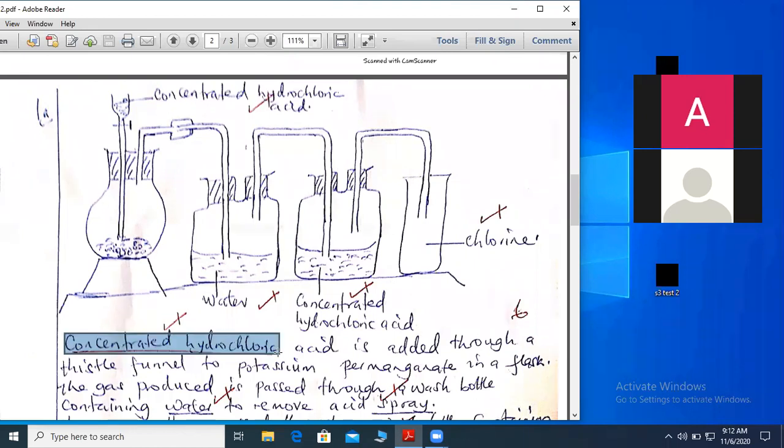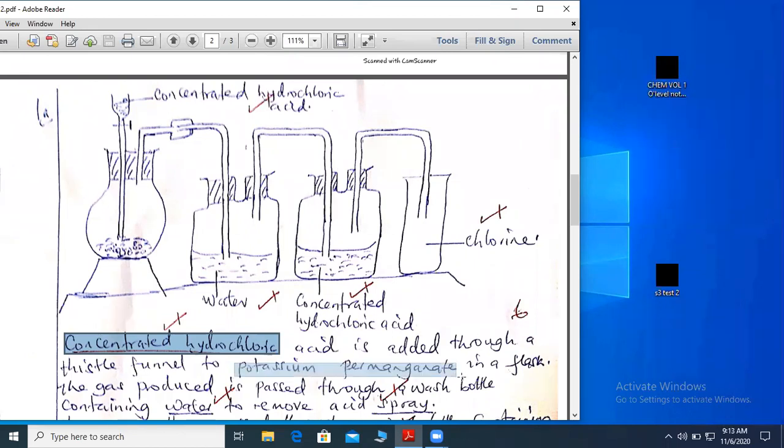So concentrated hydrochloric acid is added through a thistle funnel to potassium permanganate in a flask. Remember, if the question was explain, then you would have given a reason why concentrated hydrochloric acid is added through a funnel. And the answer is because it is a liquid.